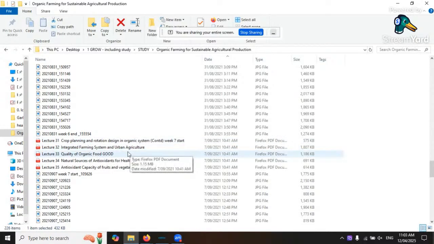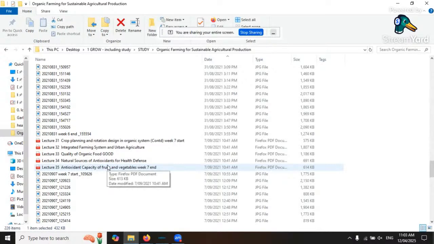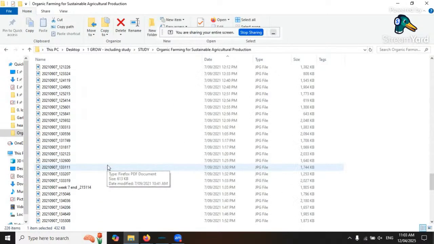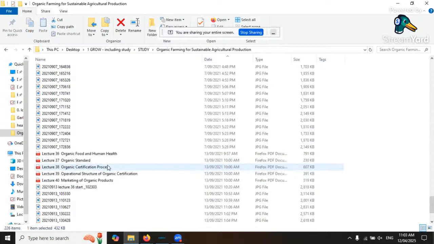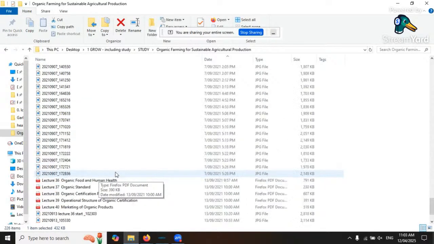That's pretty interesting, that urban agricultural one. And then it starts on the next topic of quality food and natural antioxidants for health defense, and all about organics, basically. Why should you transition to organics? Actually, that's one of the lectures. Organic food and health standards, certification, operational structure for organic certification. Oh, that's the end.